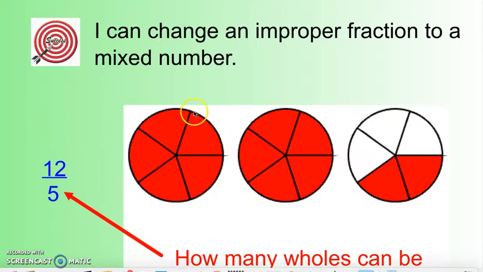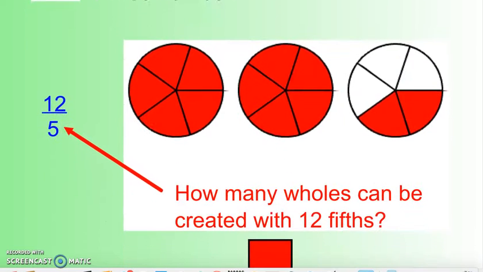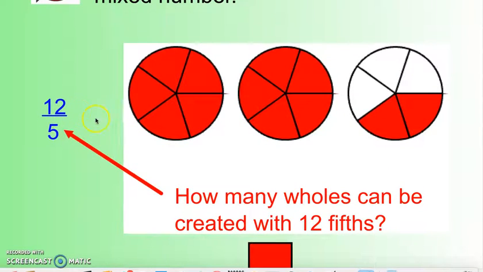Well, what if we have an improper fraction and we want to go back to a mixed number? We can go back. Okay, so take a look at this example. This is 12/5. Do you notice that the denominator means that each whole is separated into 5 equal parts?